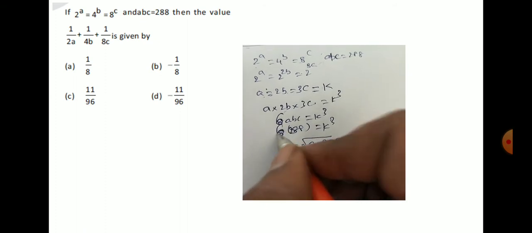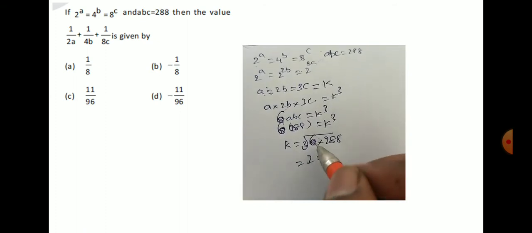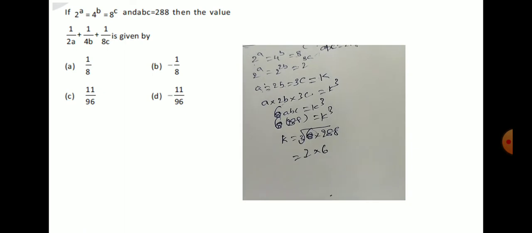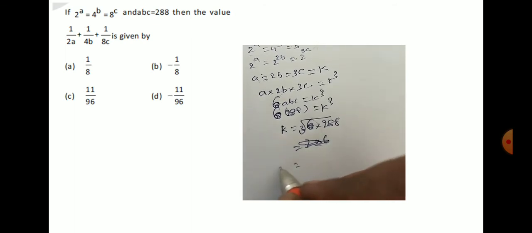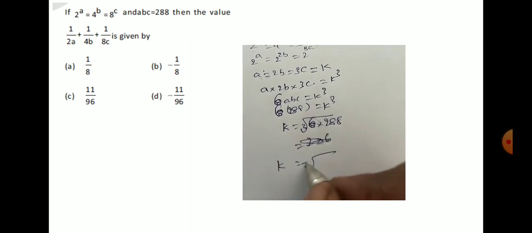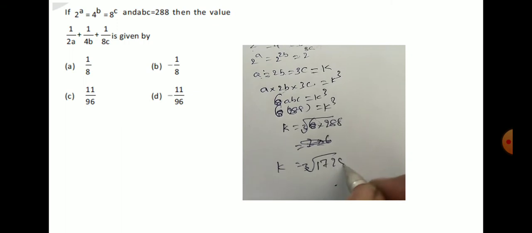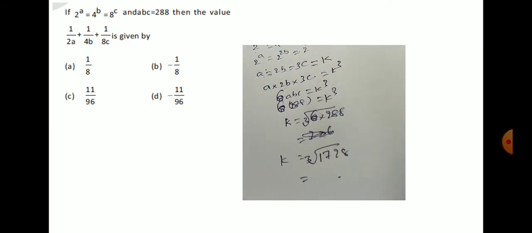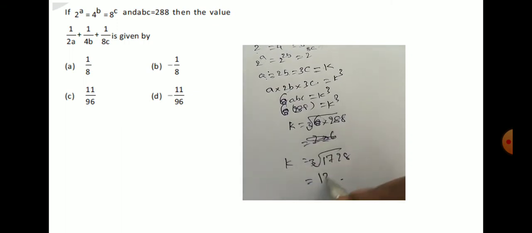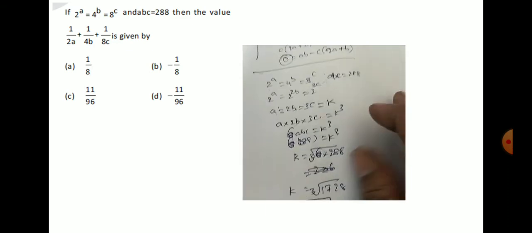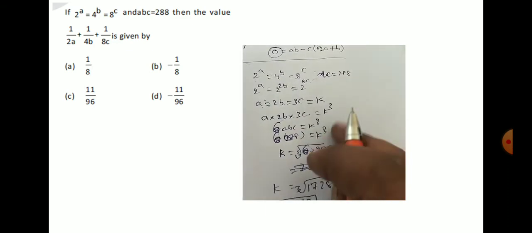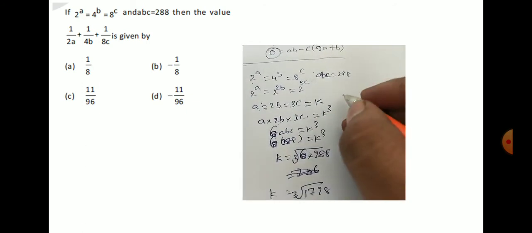Here also 6, so 6 into 288. 6 into 288 is nothing but 1728. This is nothing but k is equal to the cube root of 1728. We know that the cube root of 1728 is 12. 12 into 12 into 12 is 1728, right?